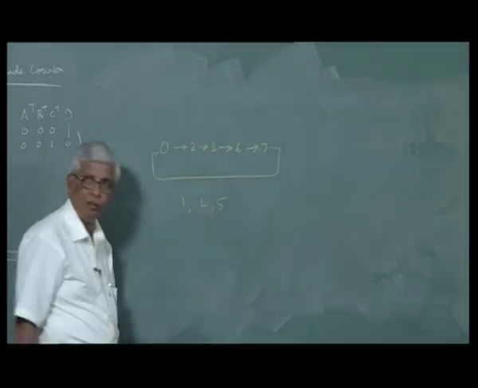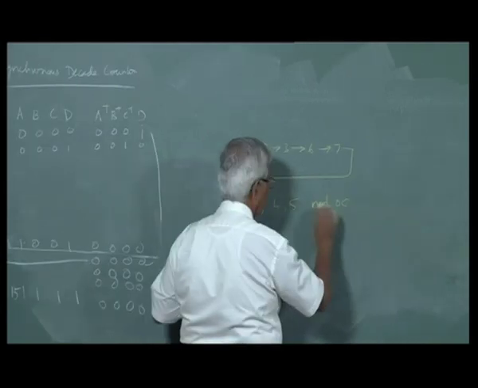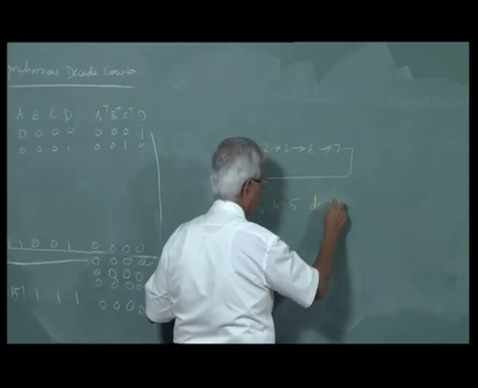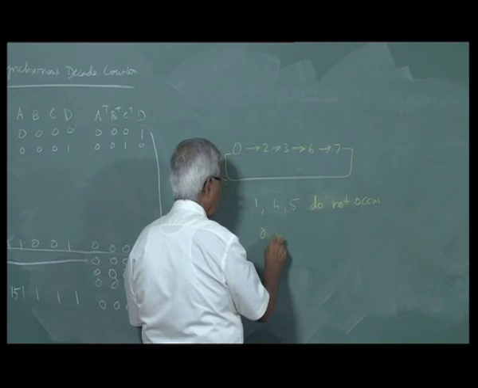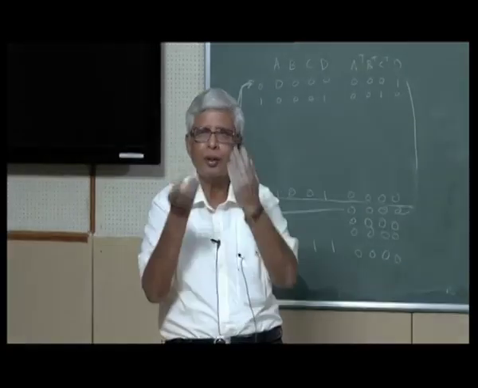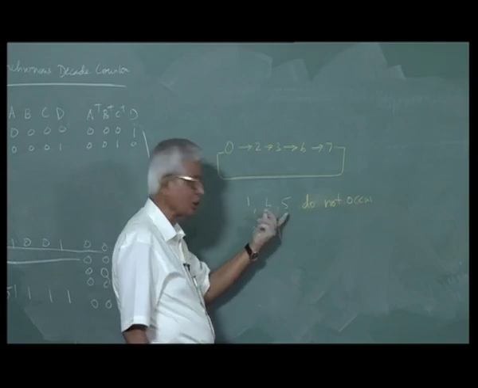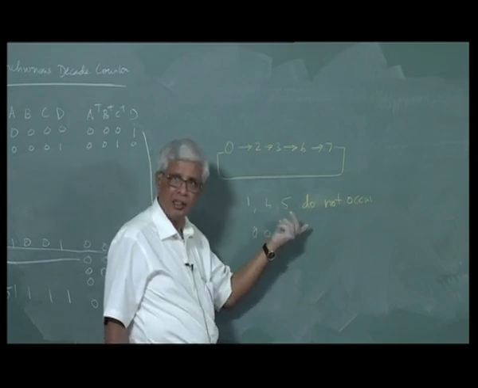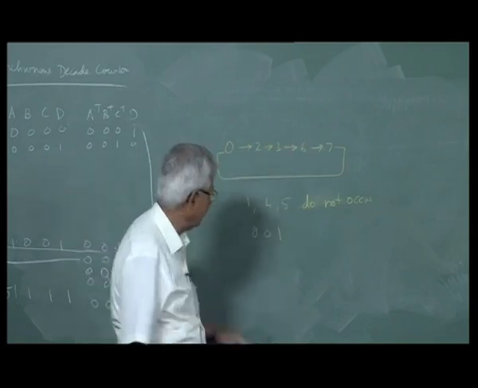Supposing 001 comes, because when you switch on, I said arbitrarily it will start anywhere, it can start in 001. So that is why you should check. After you do the design, I will give these values which are not in the sequence and make sure it will go to one of the allowed states. These are called illegal states.